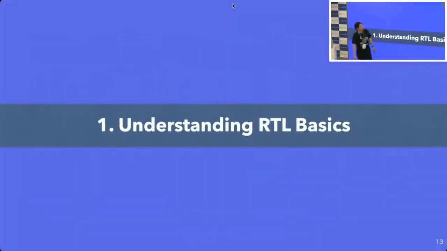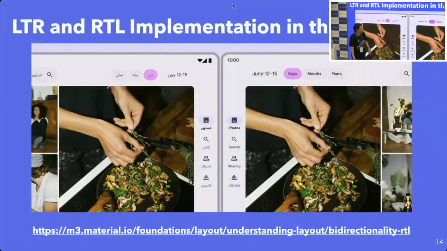Okay, let's move on to the first step, understanding right to left basics. Here is a good example. This app has a left to right and a right to left version. The app features are the same, but there are some differences. For example, these components are written in Arabic, and one difference is here.